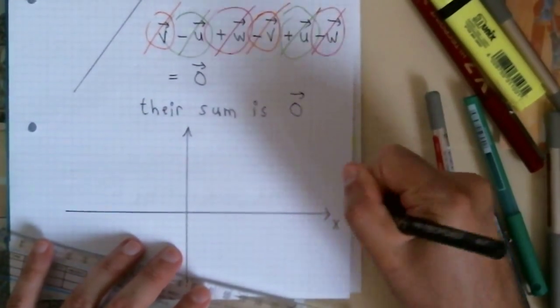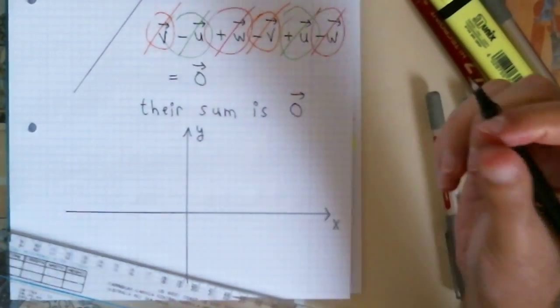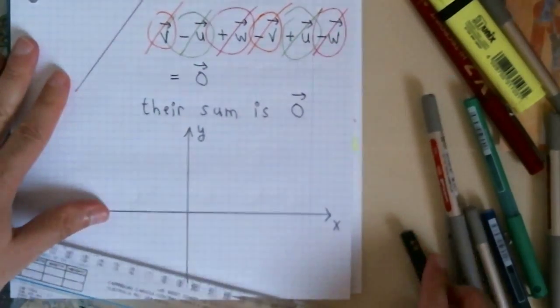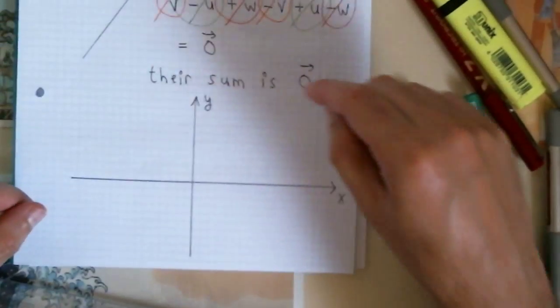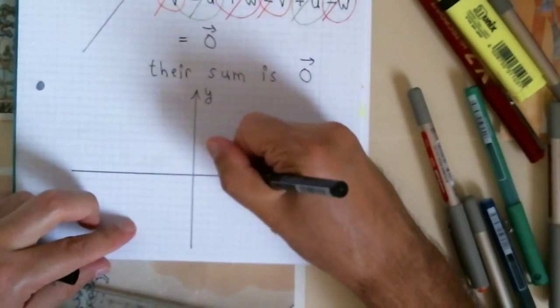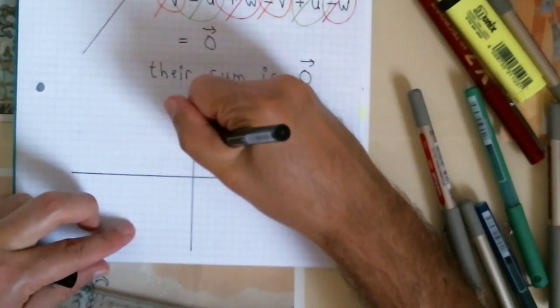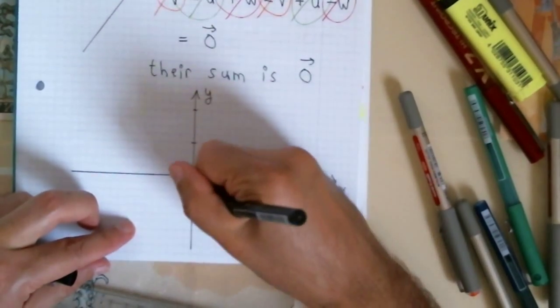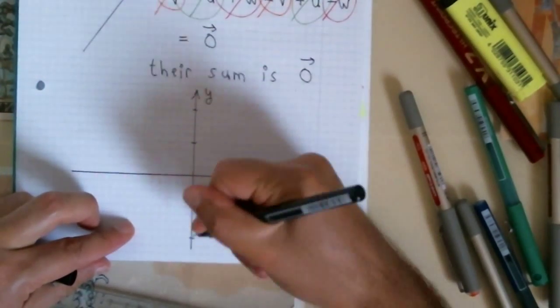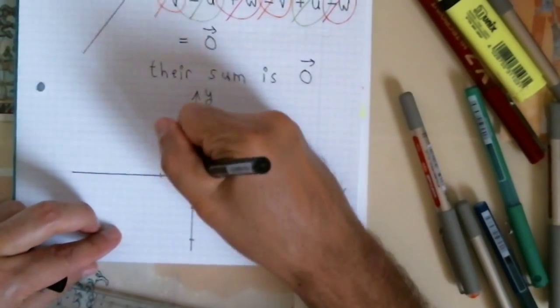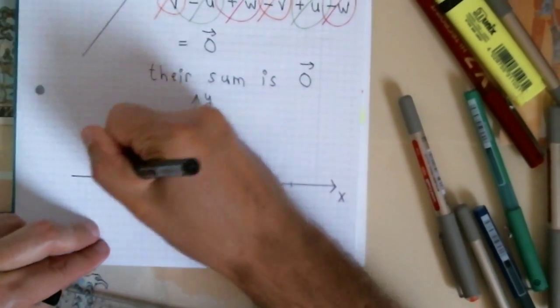This is the x-axis, this is the y-axis, and let's say this is 1 and 2 and 3, and 1 and 2, and minus 1 and minus 2 and minus 3.